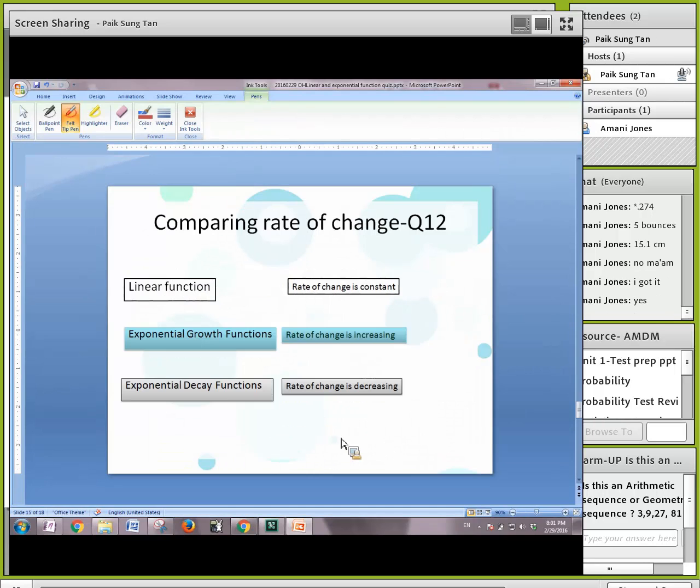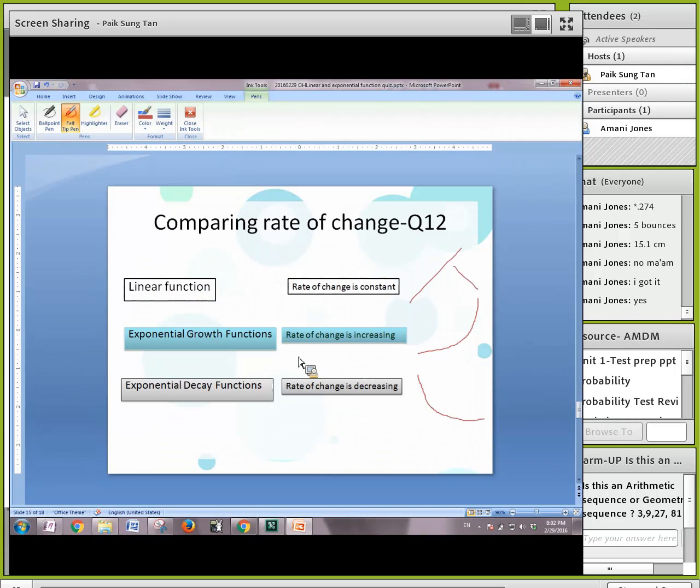And a quick review of rate of change. If you have a linear function, the rate of change is constant. If you have an exponential growth function, the rate of change is increasing, so the graph is increasing like that. A linear function is straight up or straight down. For exponential decay, it's decreasing.